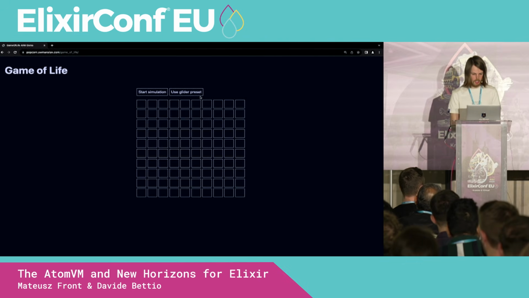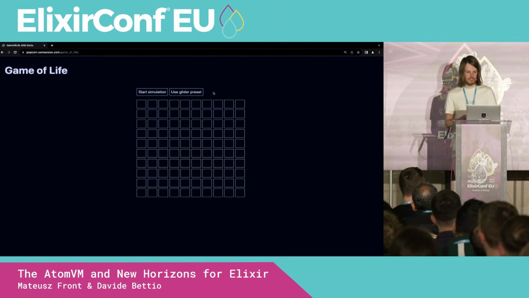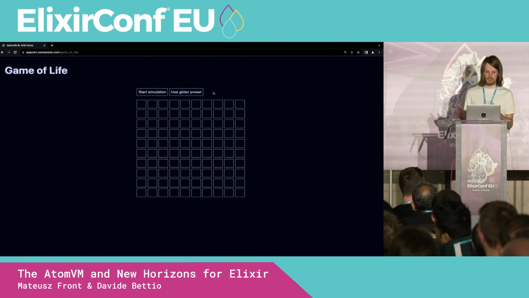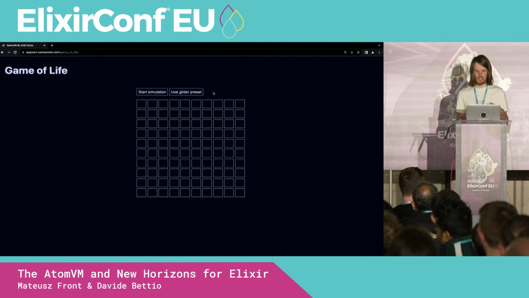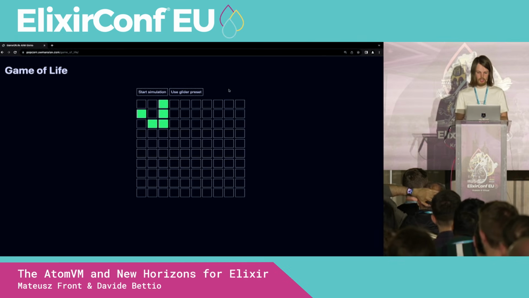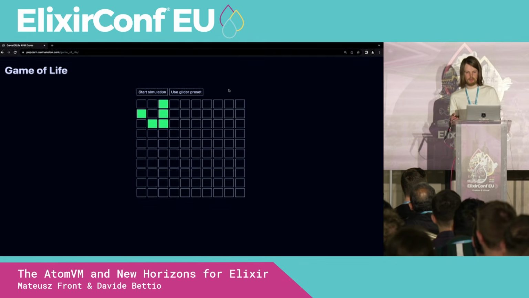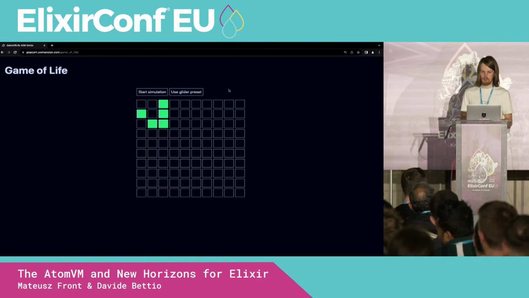Oh, it does. Well, game of life is a cellular automaton that is represented as a matrix of cells that are either alive or dead. Let's initiate it. These green cells are alive, and then I'm going to start the simulation, and in each iteration, it's going to change the state of the matrix. Each cell changes its state based on the state of its neighbors.